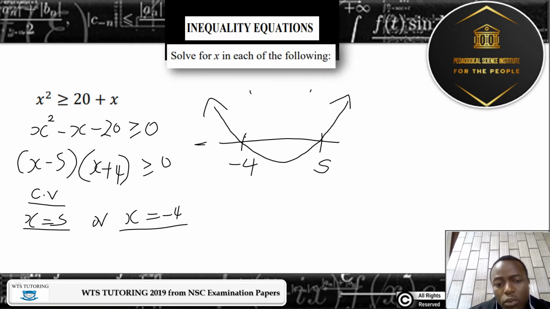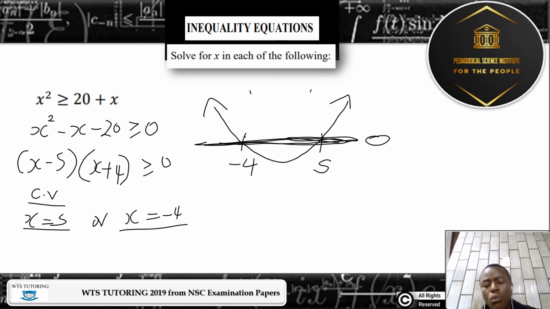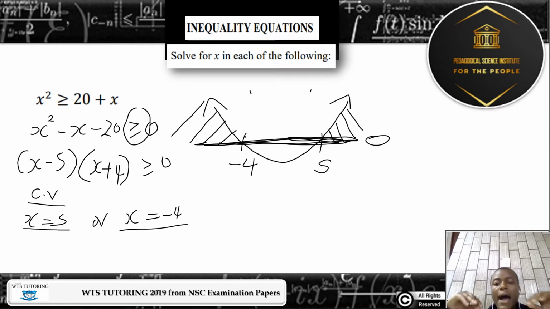Now you have to think of this line as 0, because the y at that line is 0, right? So where your graph is above, that is when it's greater. Remember, check the symbol there. It's greater or equal to 0. So where your graph is above 0, that is above the line. So it's in that interval there. Your graph is above.